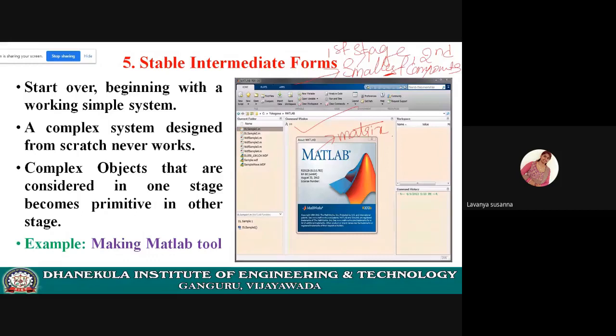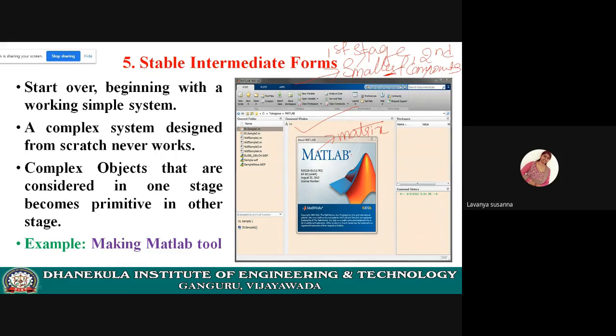Assume that you are developing MATLAB. What is MATLAB? Matrix Laboratory, which is used for image processing, video processing, scientific purposes. So in MATLAB, you can do any type of mathematical calculations.